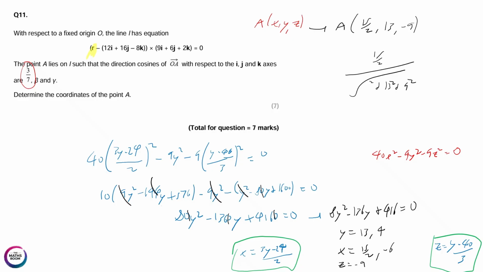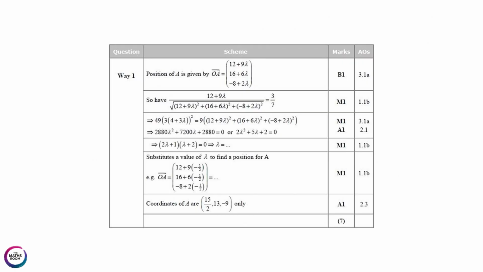It's 15 over 2 squared. If you put into calculator, you will see you get 3 over 7. Okay, but the important thing was that x has to be positive, because direction cosine is positive. So it should be 15 over 2, 13, minus 9. Yeah, there it is, guys.